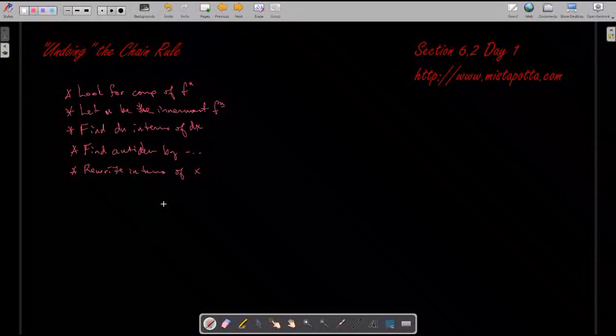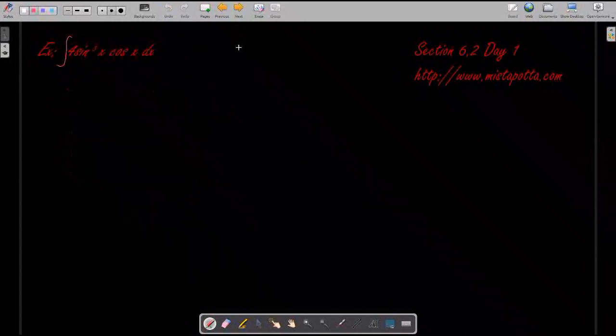This rule is challenging for a lot of people because we end up with very complicated functions that we have to find a way to work backwards on. And so practice really is the only way to get better at undoing this chain rule, finding antiderivatives using substitution.